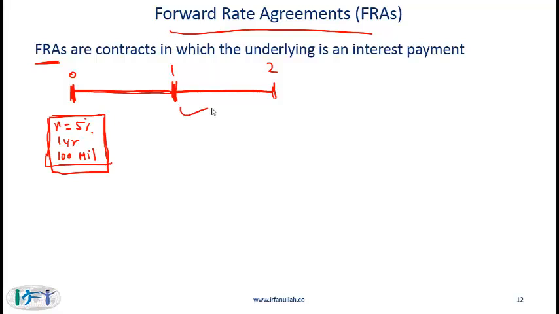Now this loan is generally called a hypothetical loan because you might not actually borrow this money, but the contract says that the rate that you are locking in is 5%. So no matter what the interest rate at this point, you will pay 5%. The underlying is a 1-year loan. Notional principal is 100 million.